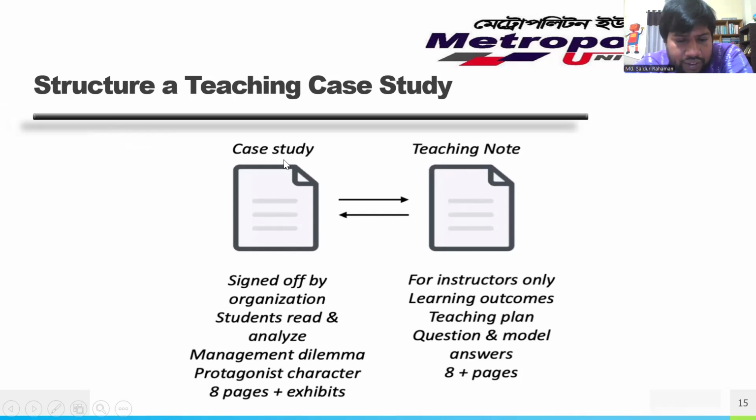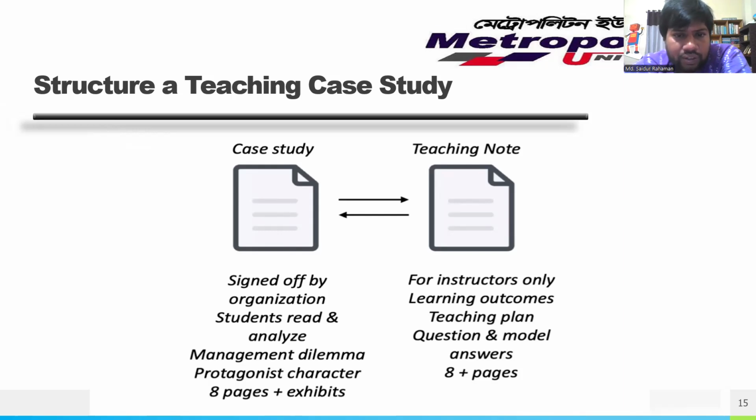The case study is a document written by the authors, obviously, based on the management dilemma of an organization. This document will be read by the students, who will try to solve the problems and find the exact problems.